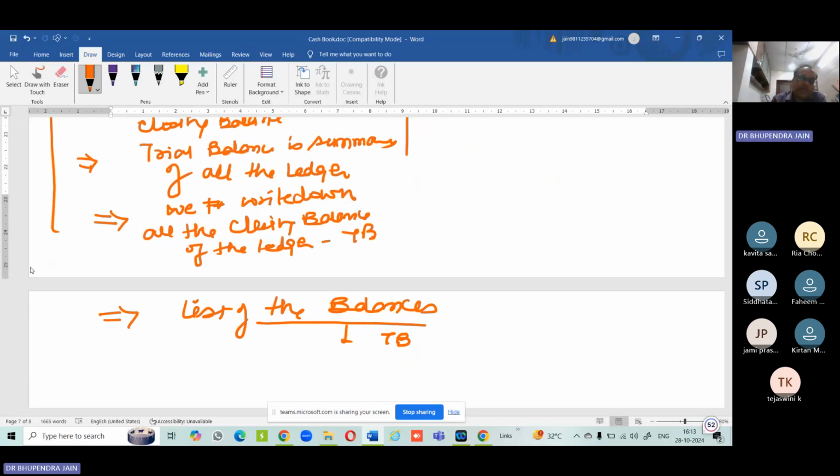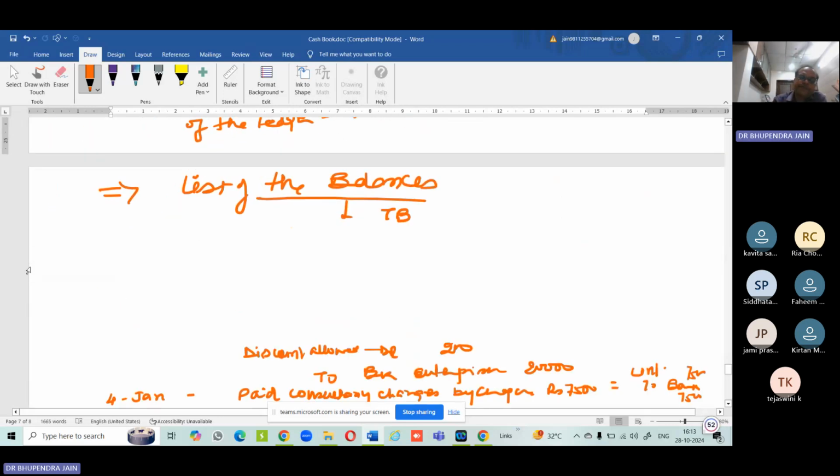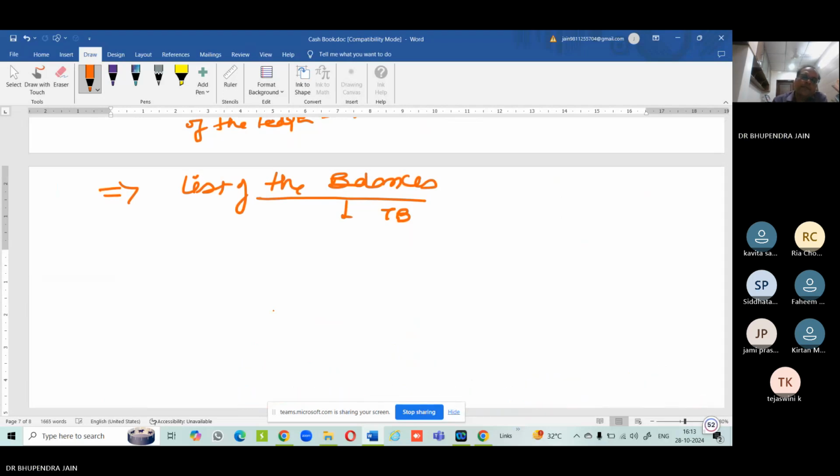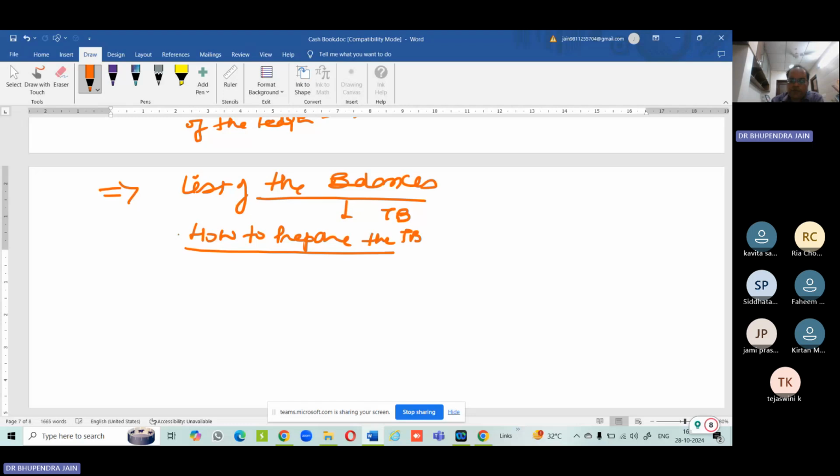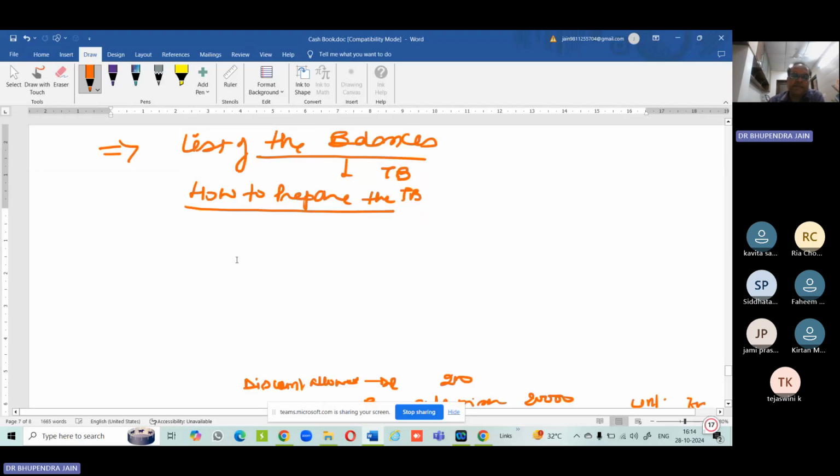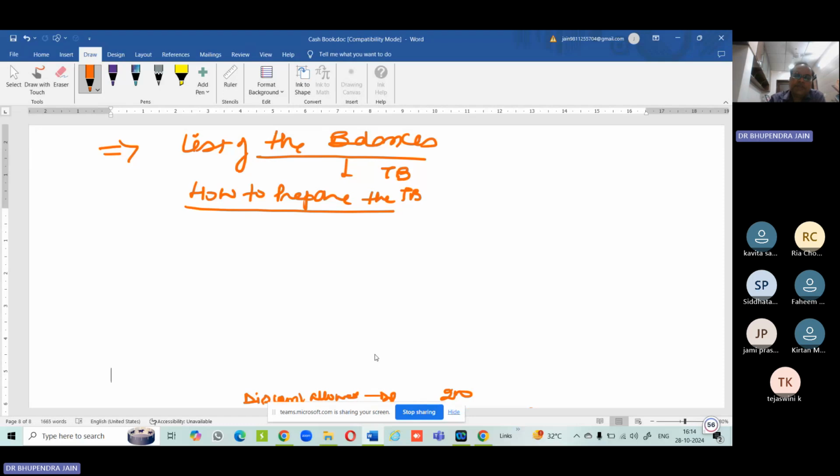Now, how to prepare that trial balance? One format of trial balance is the tabulation format.